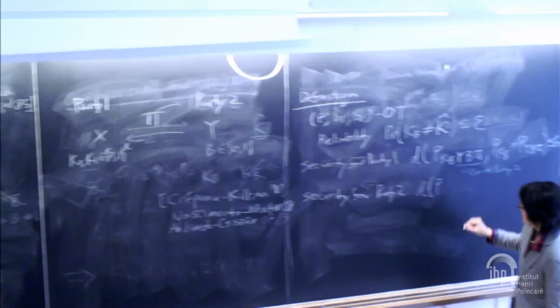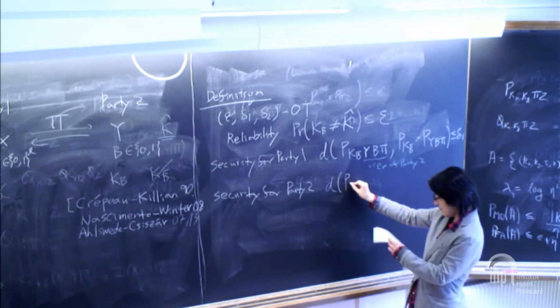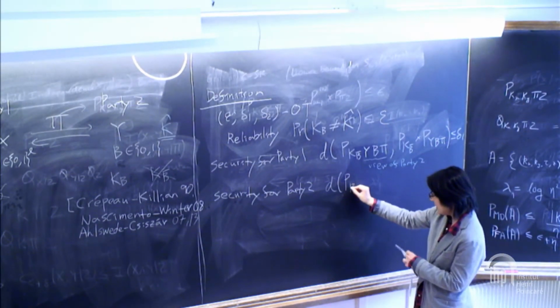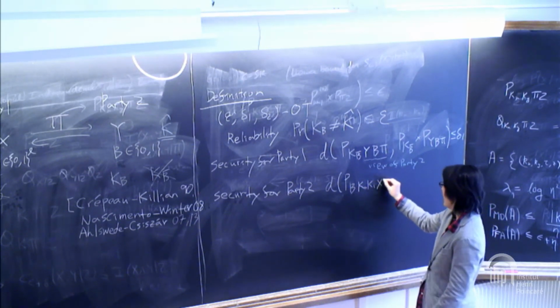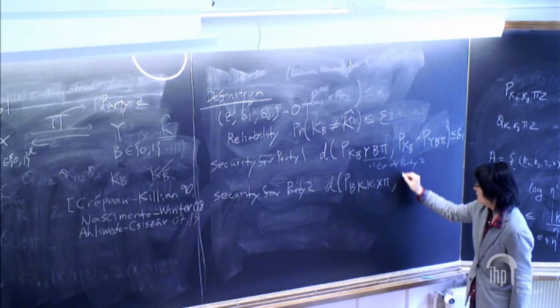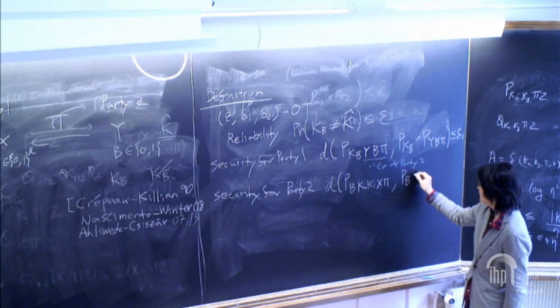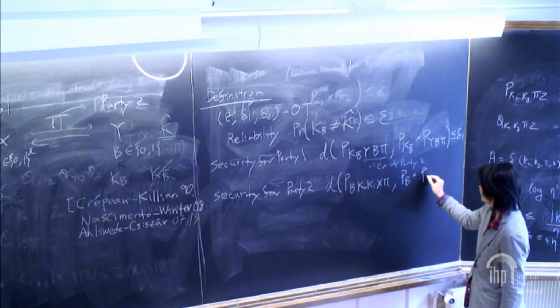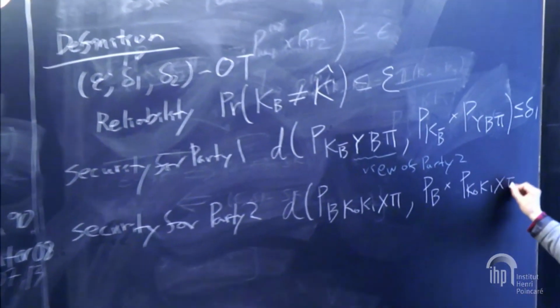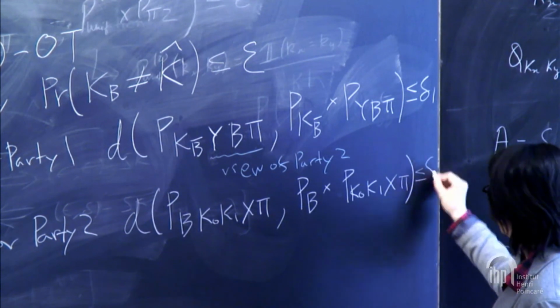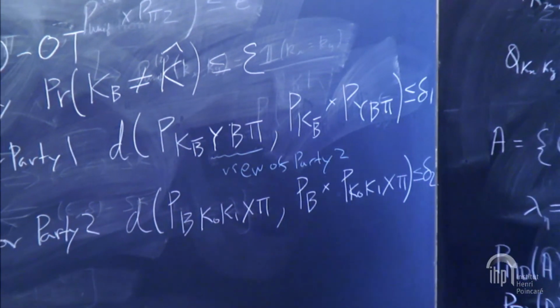The joint distribution of B, K0, K1, X, and the transcript should be close to an independent distribution.